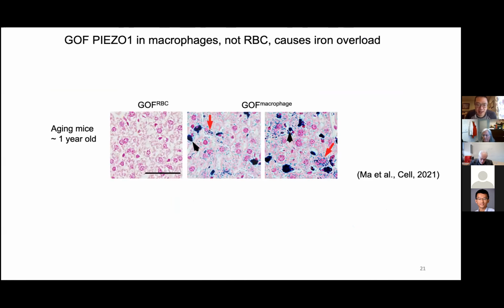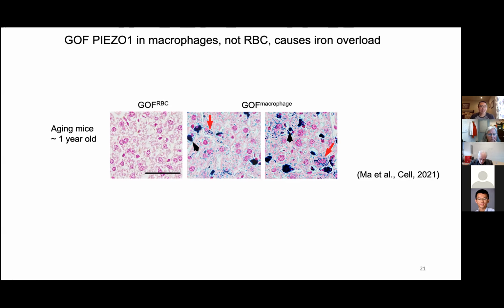So now we came to the real genetic experiments with our animal models. Surprisingly, we found that gain of function PIEZO1 in macrophages, but not in the red blood cells, causes iron overload, since we only observed the iron accumulation in the livers of macrophage-specific gain of function mice, but not in the red blood cell-specific gain of function animals.